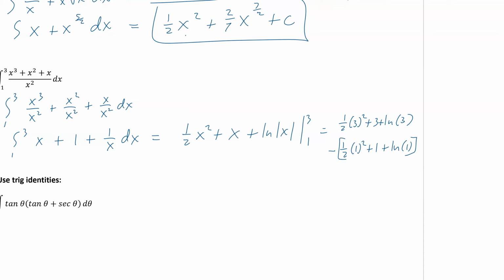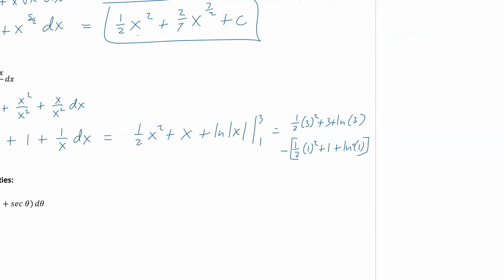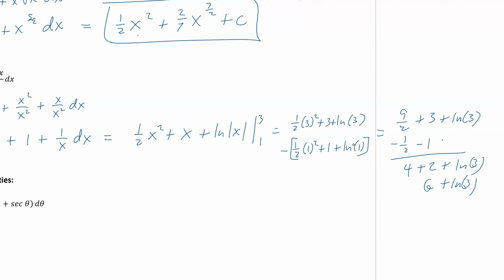And so we end up with 9/2 plus 3 plus ln of 3 minus 1/2 minus 1. And then the last one is just 0, so we're going to leave it off. And so that would be 8/2 or 4, plus 2, plus ln of 3, which would be 6 plus ln of 3.